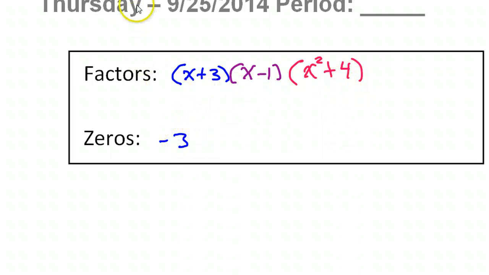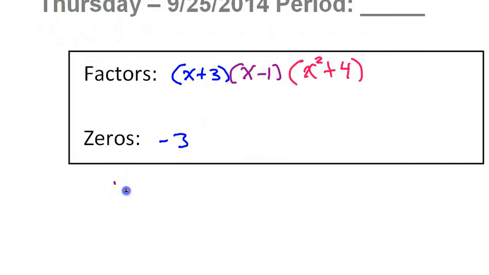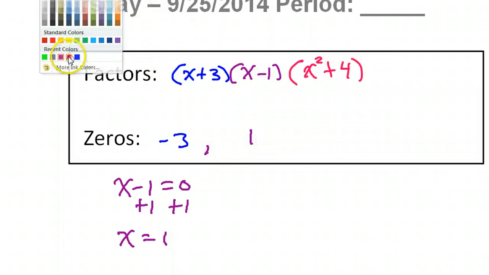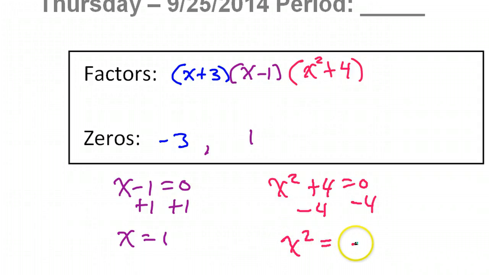So we already had the -3 straight off the calculator, and from setting x minus 1 equal to 0, that's going to give us x equals 1. Okay, and now by setting x squared plus 4 equal to 0, if I subtract 4 from both sides, that's going to give me x squared equals negative 4.